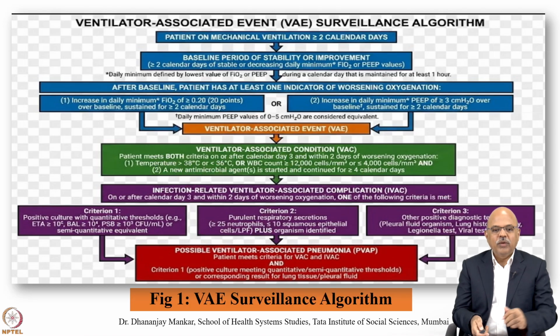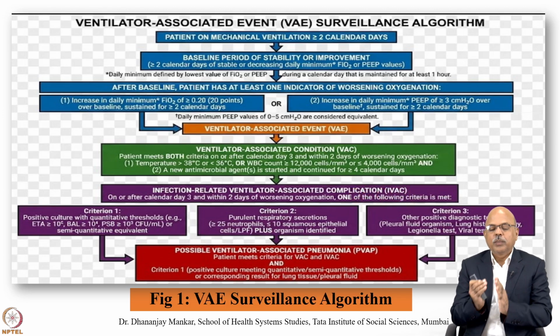When you find infection-related ventilator-associated complications on or after calendar day 3 and within 2 days of worsening oxygenation, one of the following criteria is met. Criteria 1, positive culture with quantitative thresholds. Criteria 2, purulent respiratory secretions.